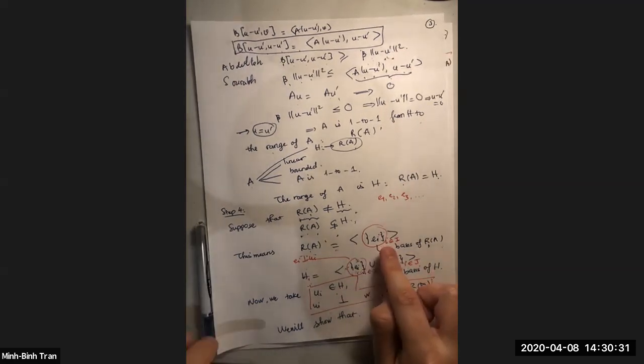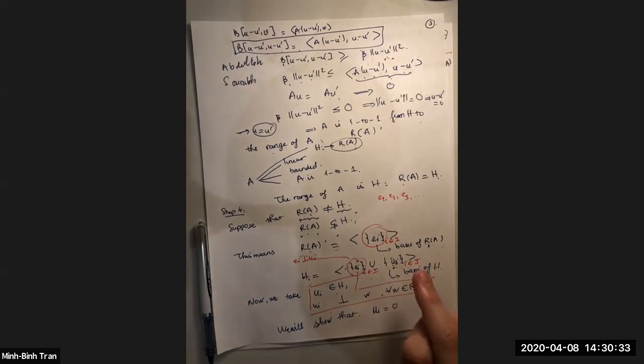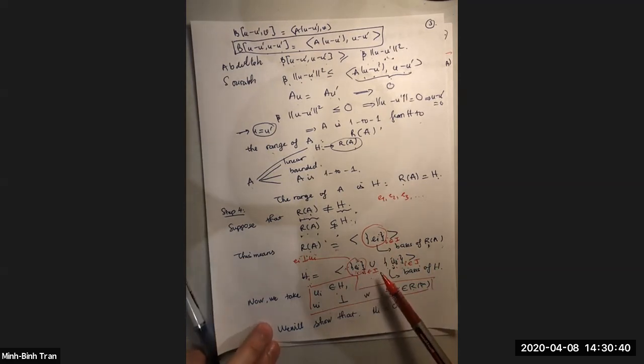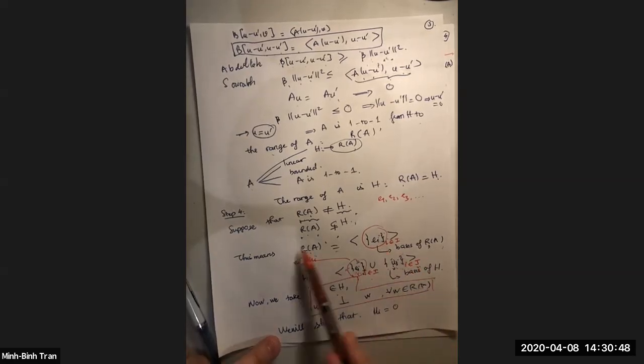So this is a set of indices, which means that you don't have only one vector, you have several vectors, right? Because E_i with i in this index set I, and U_i with i being in this index set J, will form a basis for H, right?